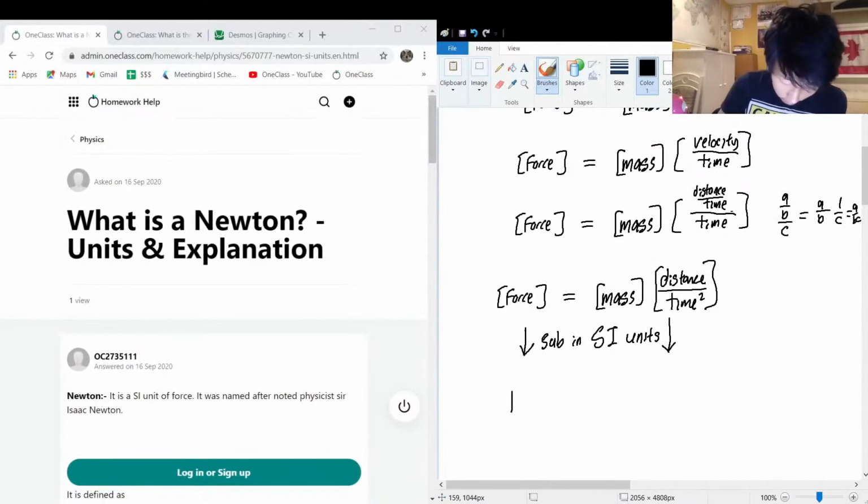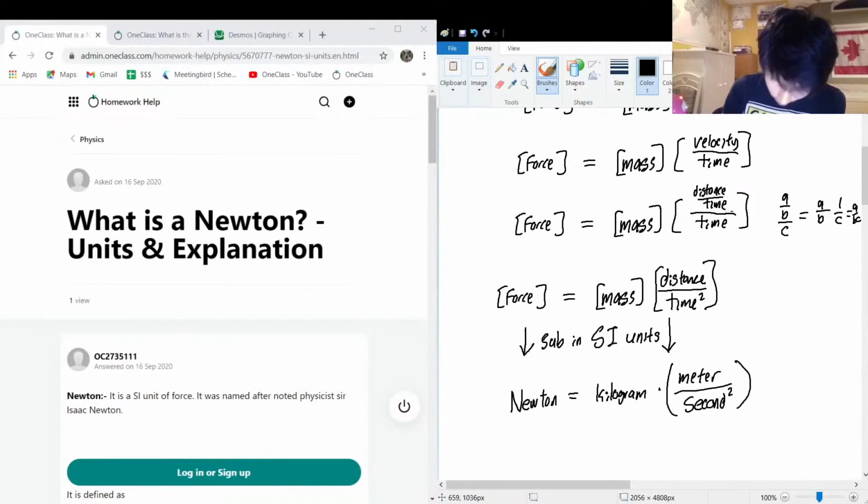So here we're going to have Newton, I'll write them out in full, and here we have kilogram for mass, meter, and here we have second squared. To write this out in symbols, we have 1 Newton equals 1 kilogram times meters per second squared.